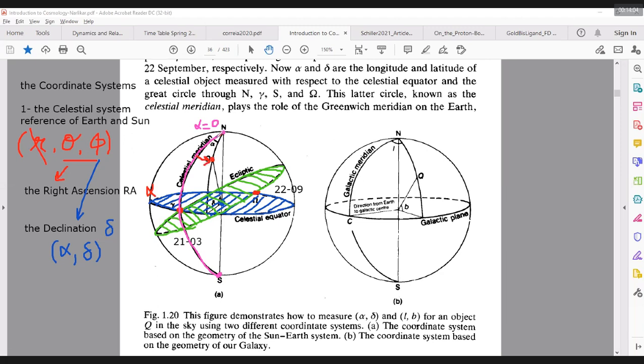You can see this angle here. This is the value of alpha from the reference line celestial meridian. To measure alpha, that is just like your longitude.